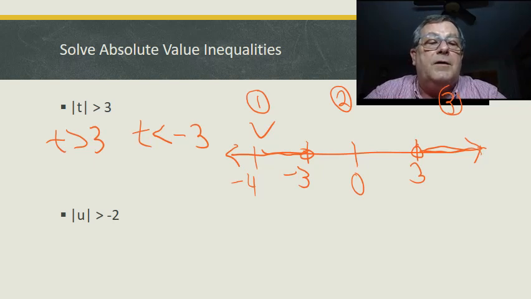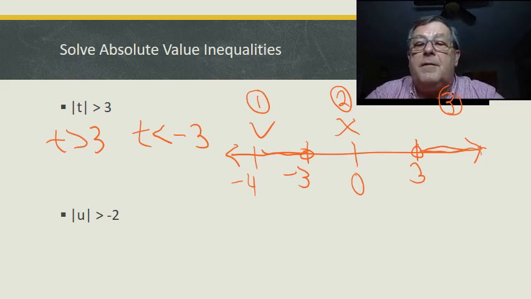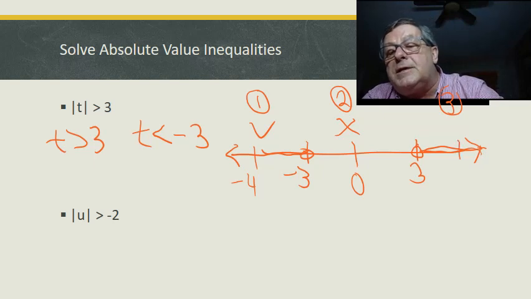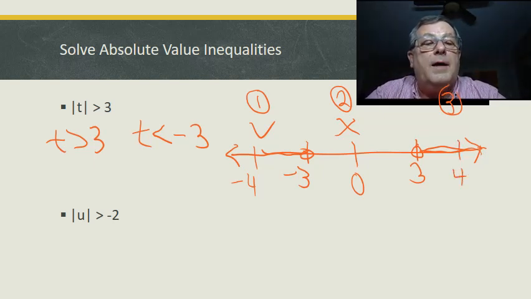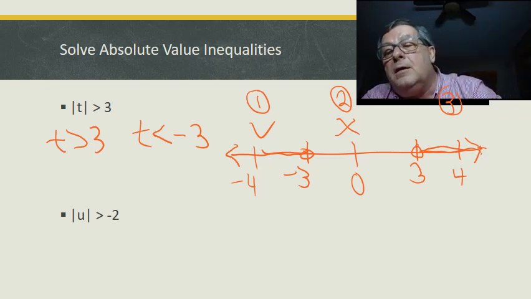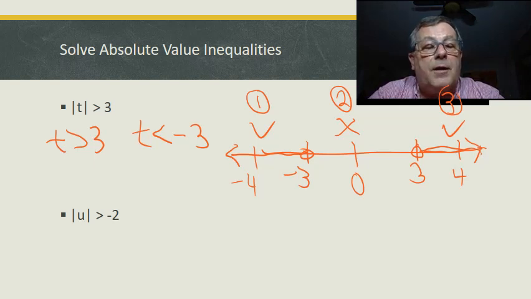Well, the absolute value of 0 is 0, and 0 is not greater than 3, so that interval fails. And I've got that set up that way. I do not have that in my solution set. And we might as well go ahead and test the third interval, although we know we're right. Let's say +4. Well, the absolute value of +4 is 4, and 4 is greater than 3, and so that interval passes. And so I've double-checked my work to prove that I have graphed this on the number line properly.